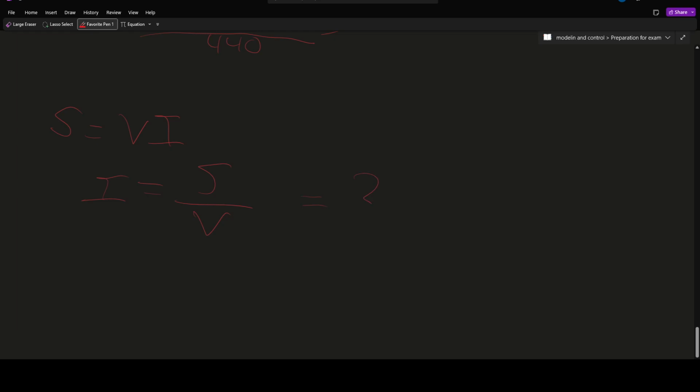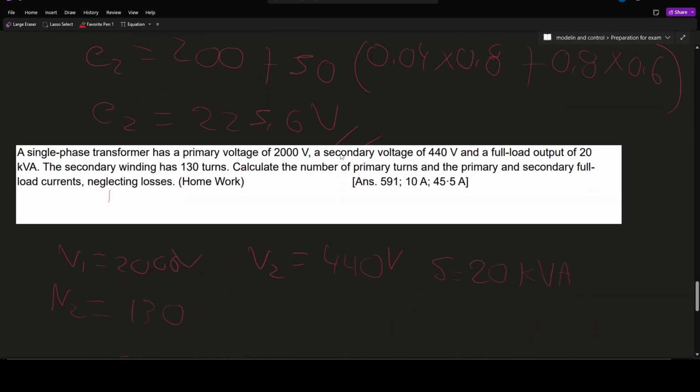That is 20,000 volt-amps over the voltage in the secondary, 440, and this is 45.5 amperes. I think after the other exercise, this one is simpler.